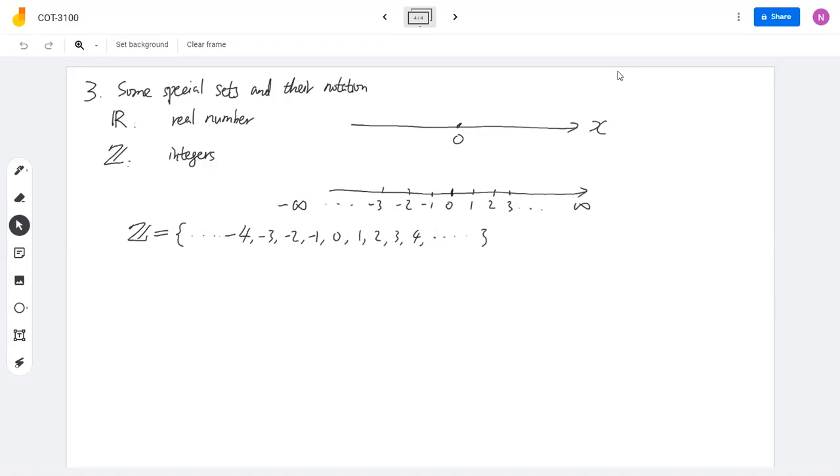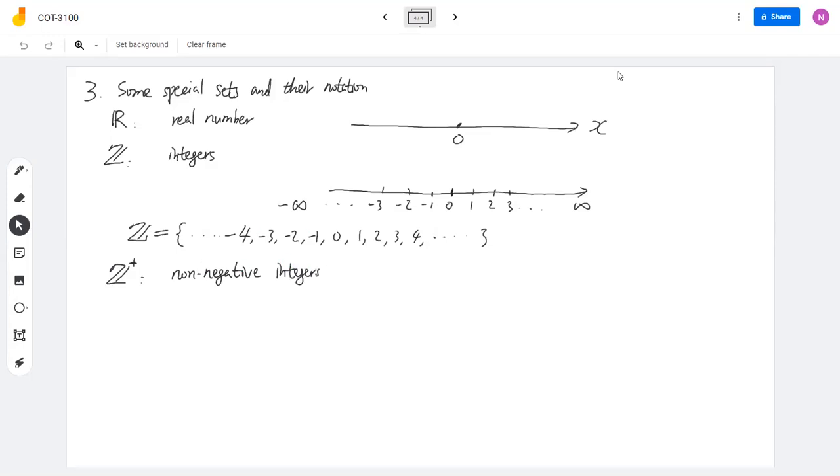And sometimes we use Z plus to denote the set of non-negative integers.